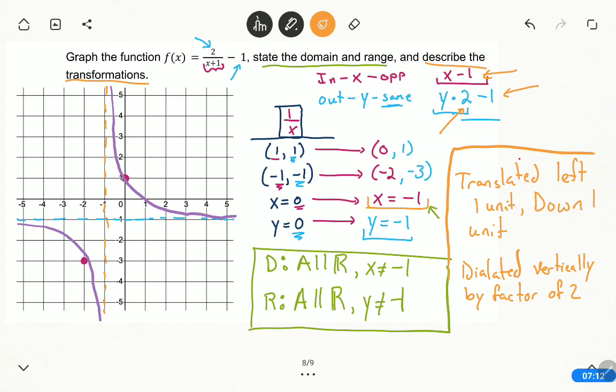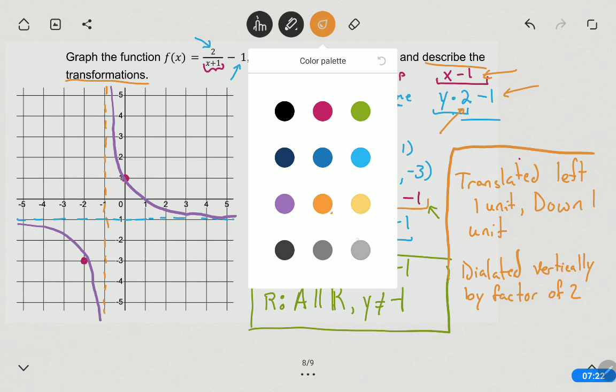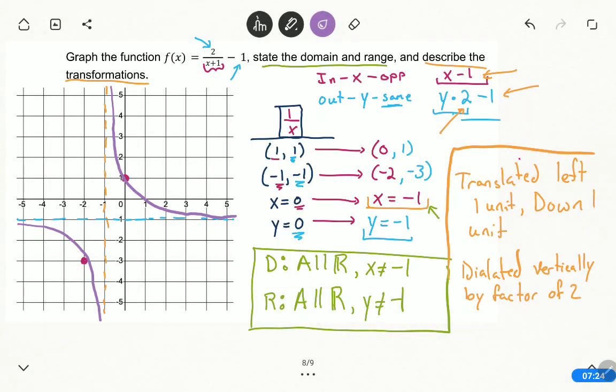The vertically part comes from multiplying y. The factor meaning we're multiplying by specifically 2. You could also be more specific if you wanted to and say that this graph is stretching instead of dilated because we're multiplying by a number bigger than 1, so it's going to actually spread the y values out. And that's it.